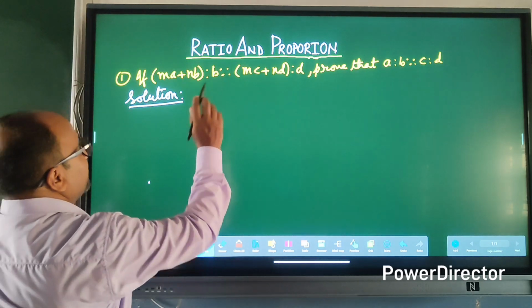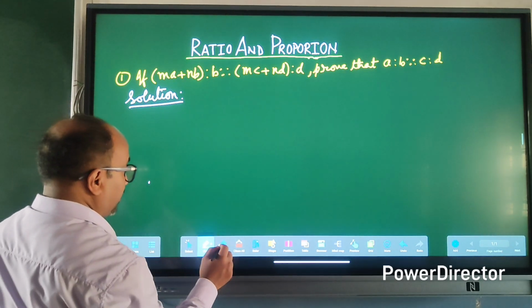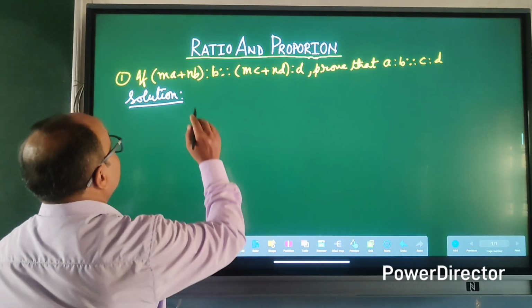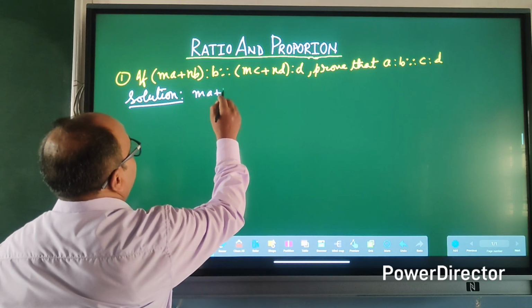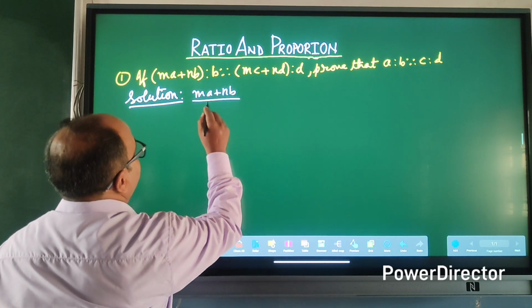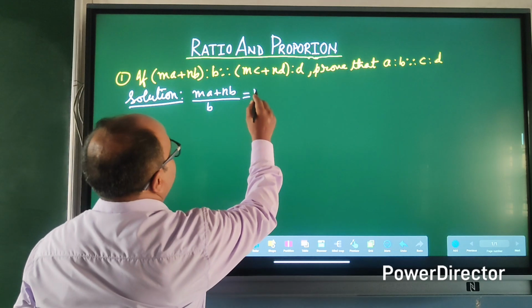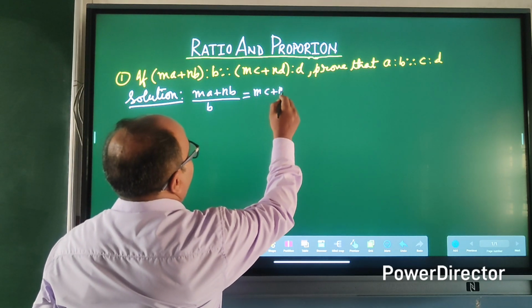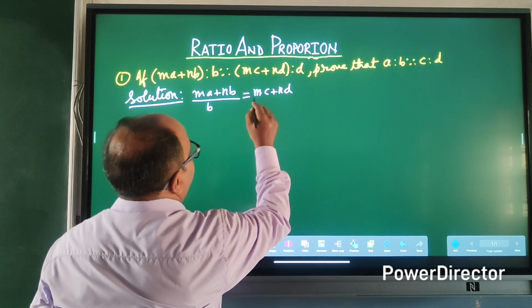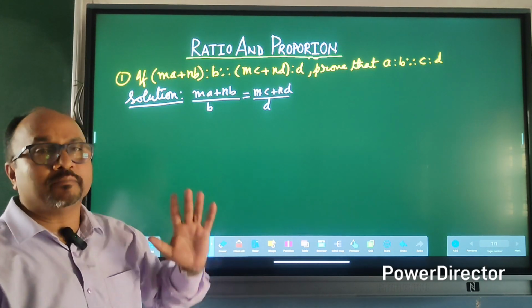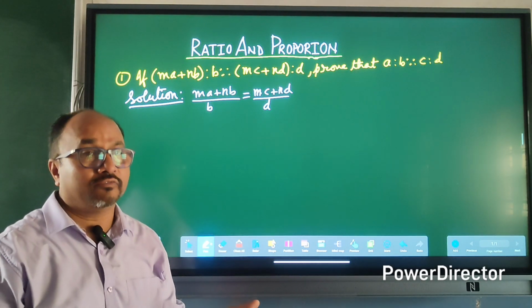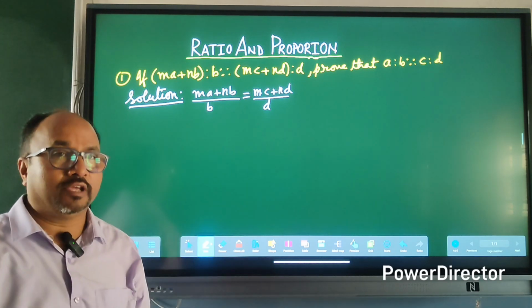Because it is given like this, I will be taking this ratio as (ma + nb)/b = (mc + nd)/d. Now what I notice here is b is having n with it, but here b is not having n.